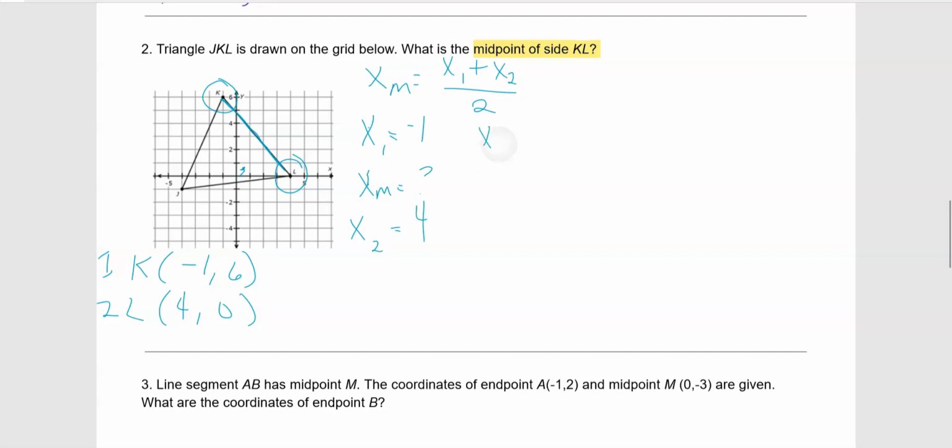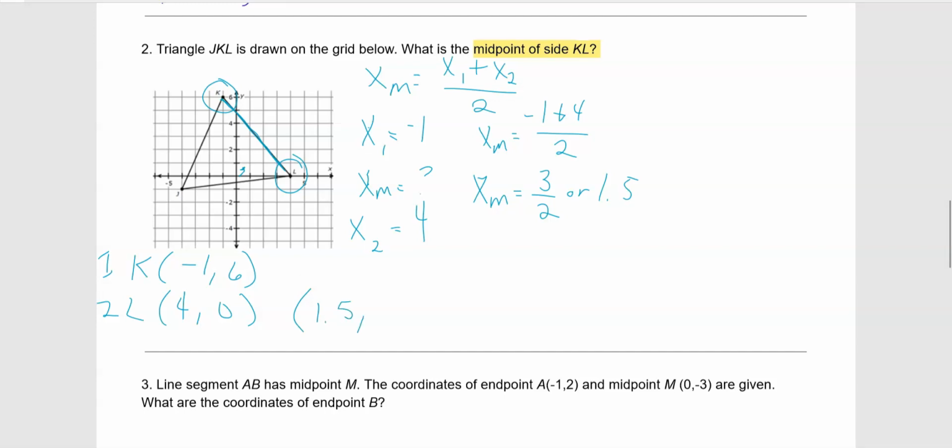X of the midpoint is equal to -1 plus 4 over 2, and -1 plus 4 is 3 over 2. So the answer is either going to be 3 over 2 or 1.5 is also acceptable. So our x value is 1.5 or 3 over 2.